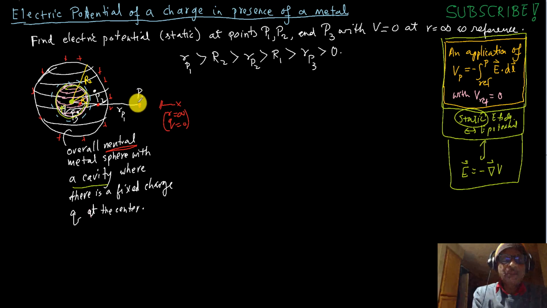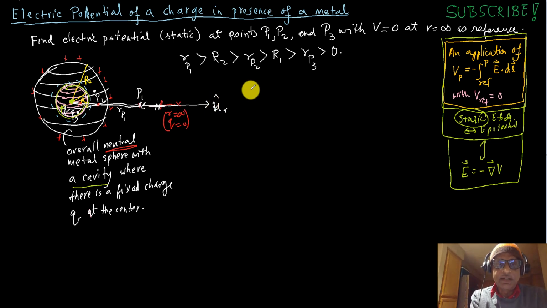So if I want V at P1, we'll go from infinity to here. We'll do this integral. So we need to know at some point here, let's say, if we want to do an integral, this is going radially out like that, so this is the radial direction, unit radial direction, and then this is dr, so dl will simply be dr r-hat.